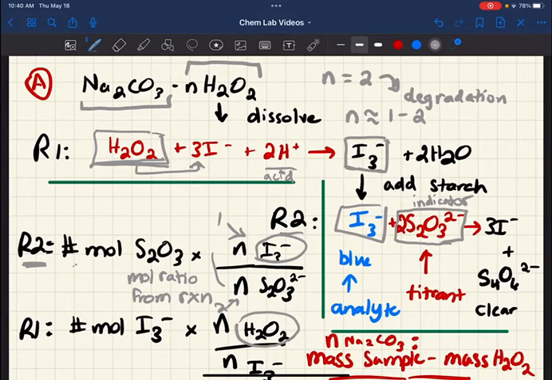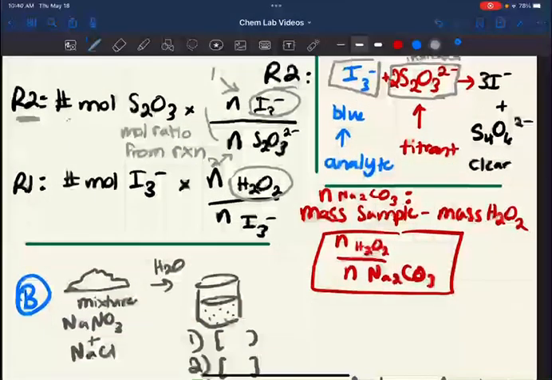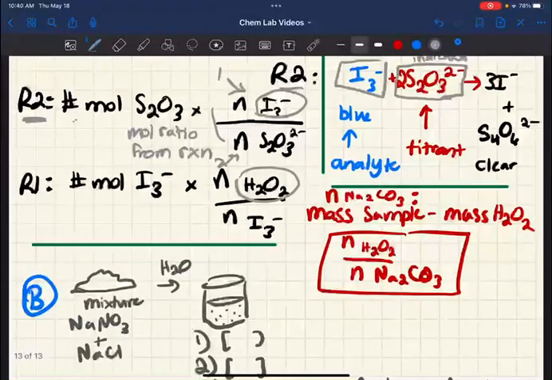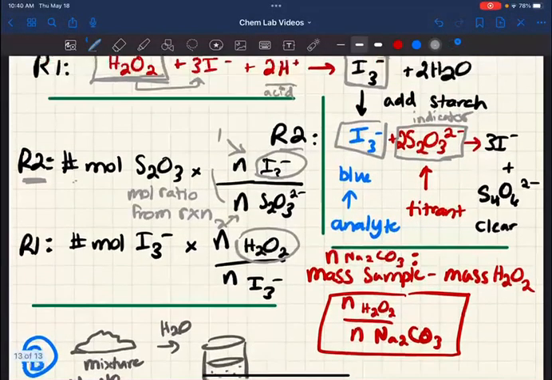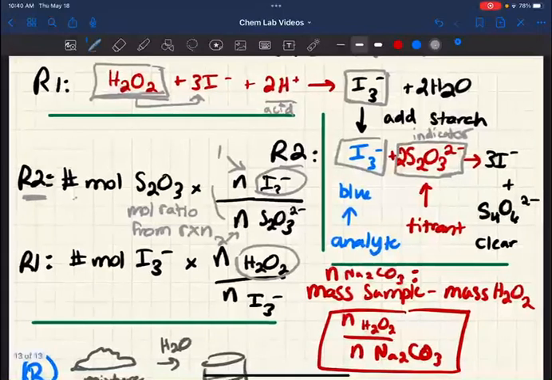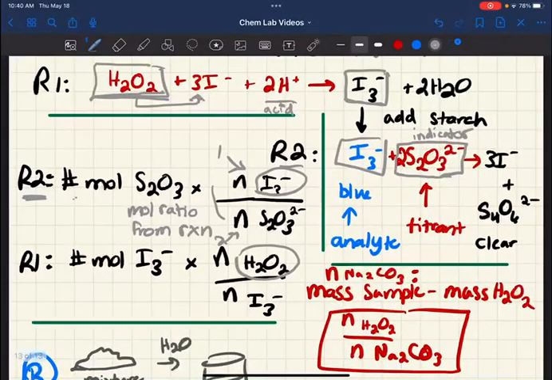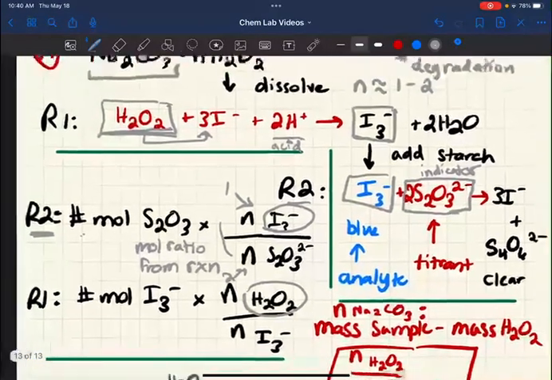That's my goal for looking at reaction 1. Once I know how many moles of hydrogen peroxide were in the sample that I weighed, I can determine what that mass of hydrogen peroxide must have been and subtract it out of the total mass of my sodium percarbonate sample.